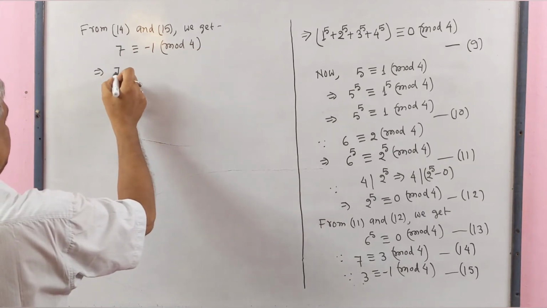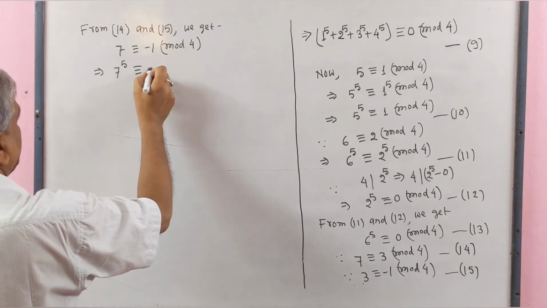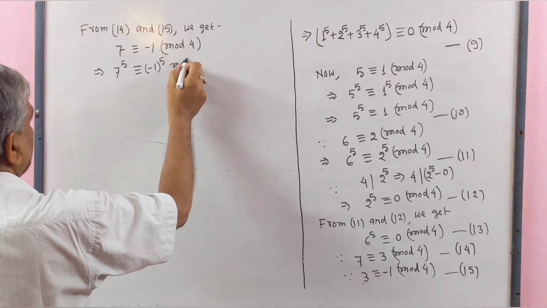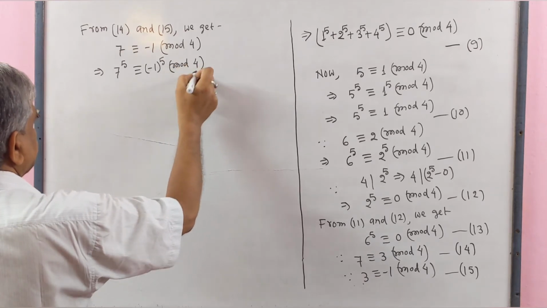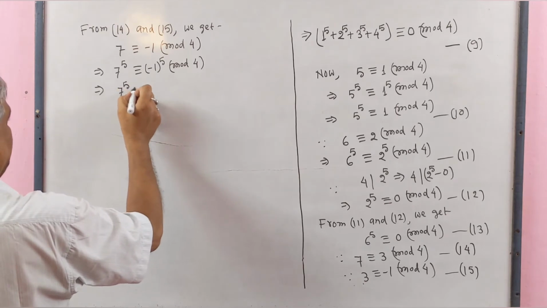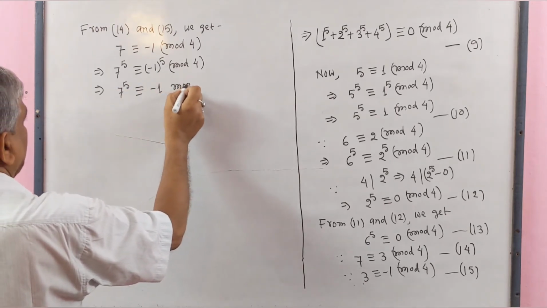Implies that 7 to the power 5 is congruent to minus 1 to the power 5 modulo 4. Implies that 7 to the power 5 is congruent to minus 1 modulo 4.